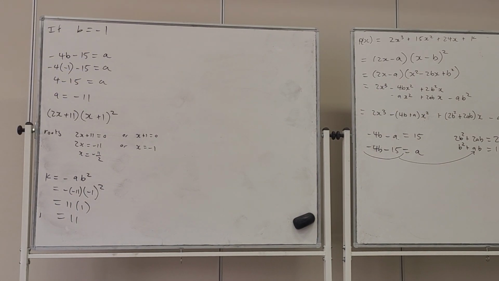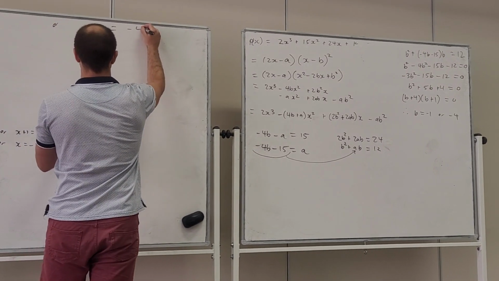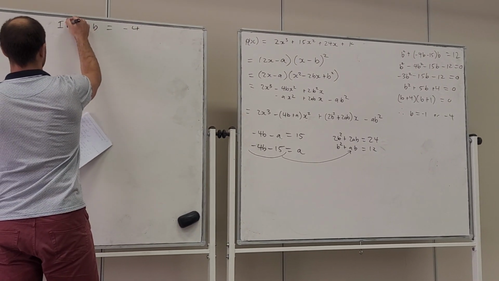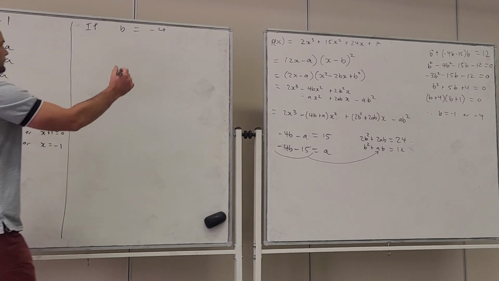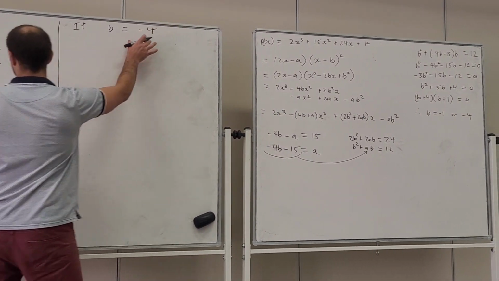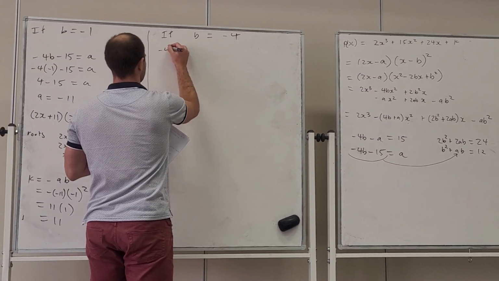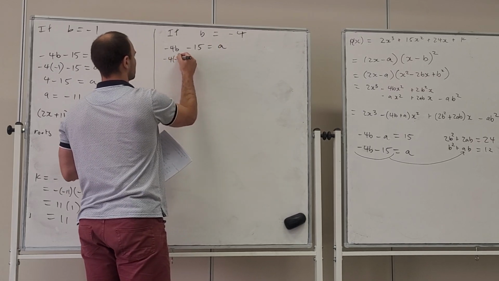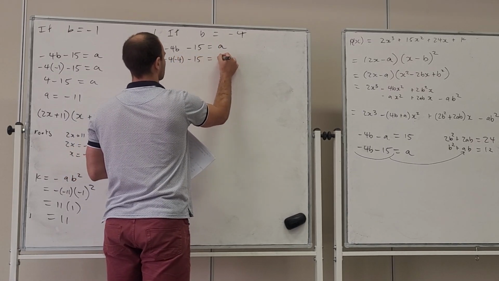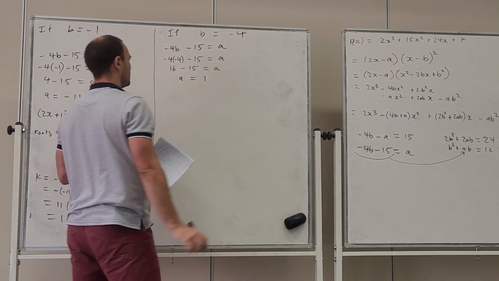Alright, that's one of the possible circumstances that satisfies this equation. We need to explore the other. We've got or b is minus 4. So let's investigate if b is minus 4. And the good thing is we're repeating that process, right? It's just a tiny bit different. Okay, if b is minus 4, this is the equation we're using, isn't it? Minus 4b, take 15 equals a. We'll have a is 1.